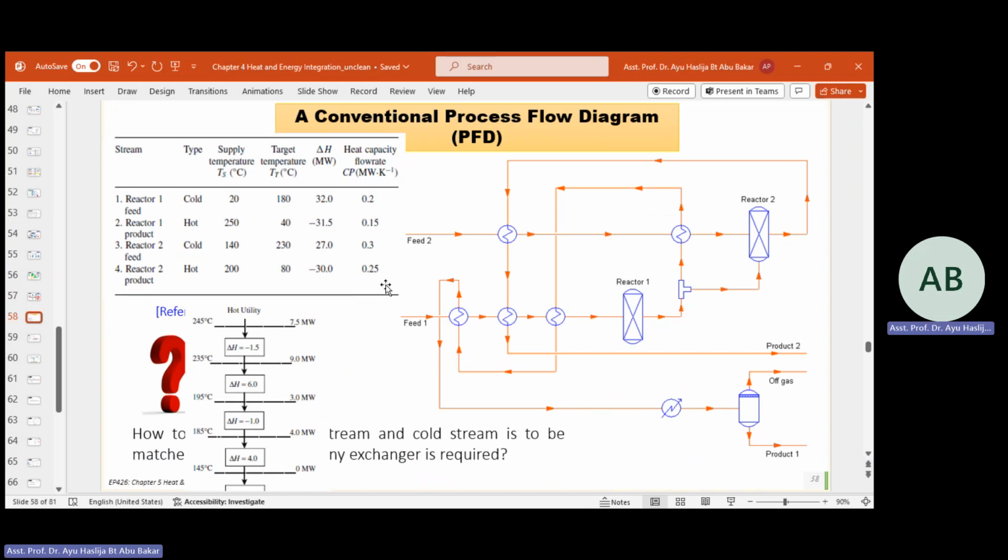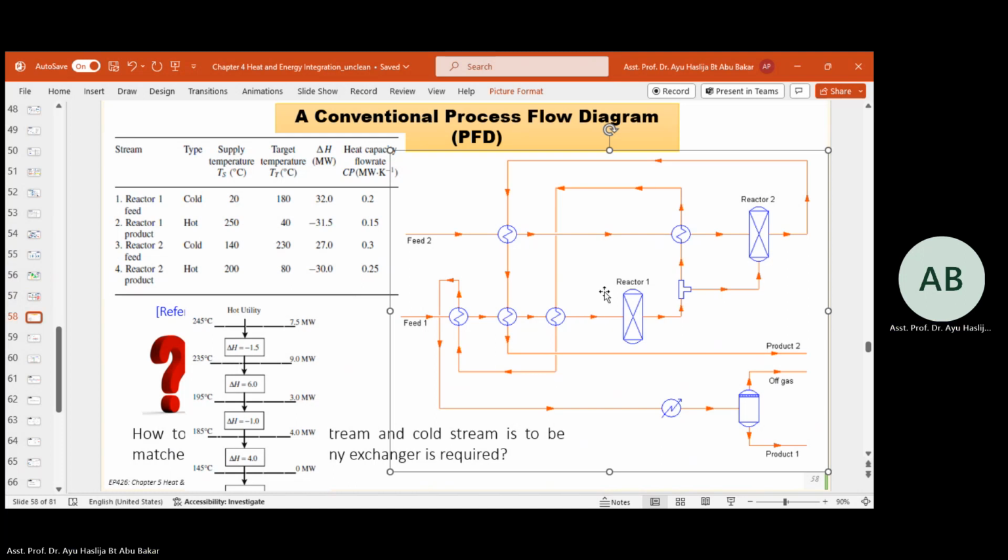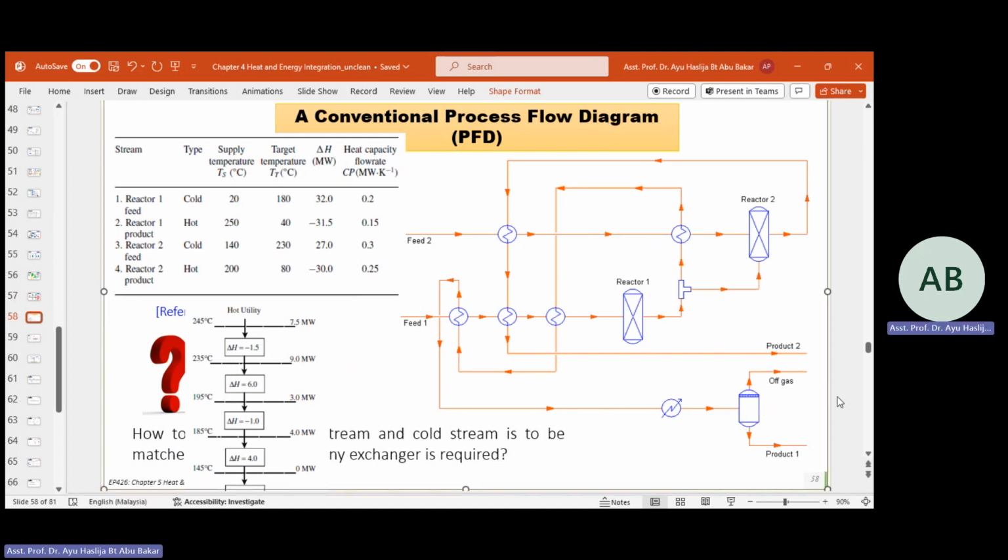After you had done the heat cascade and identified how many heat exchangers are required, at the end, you should be able to construct this heat exchanger network diagram. This is the final part, to construct the heat exchanger diagram. How to do that? After we perform the heat cascade yesterday.